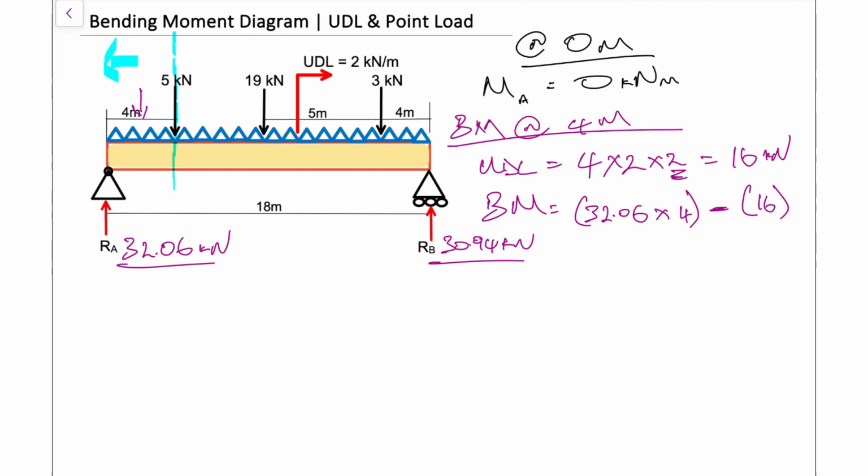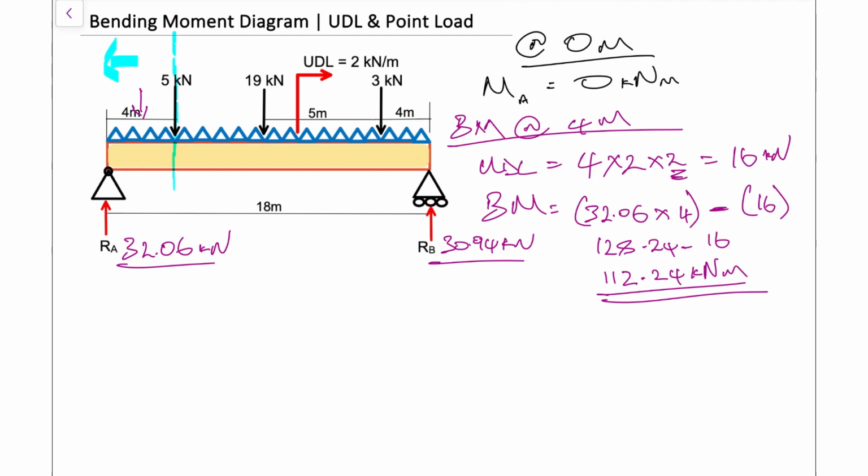So when we do 32.06 times 4 and minus our UDL, that looks like 128.24 minus our 16, and we are left with 112.24, and that's kilonewton meters. So that's the first UDL mark.